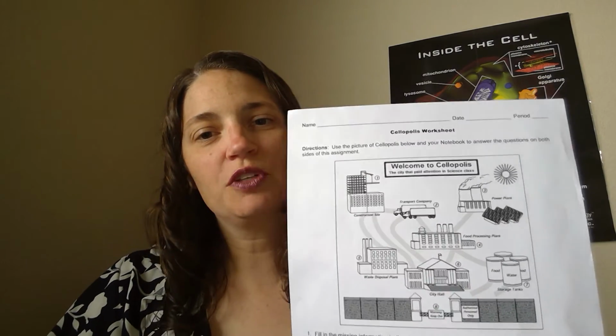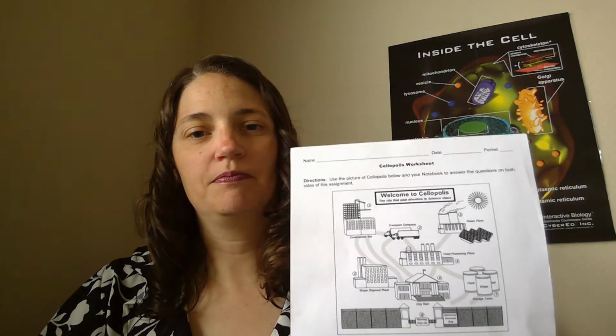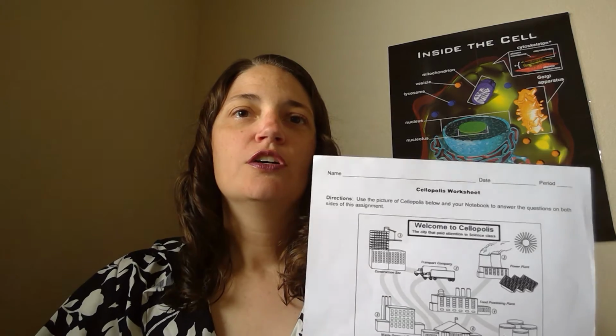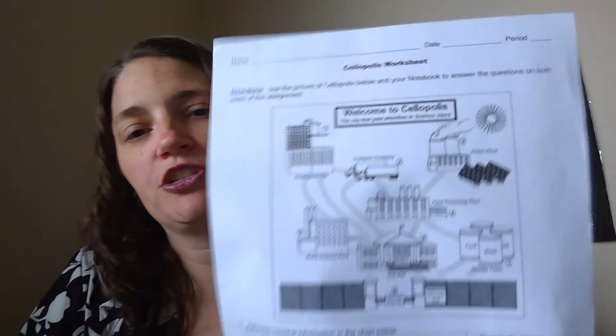Good. Now let's relate this to cells. So I know, based on our vocabulary sheet, that a nucleus is a structure that contains DNA, the chemical instructions that direct the cell's activities. So let's think about this picture.